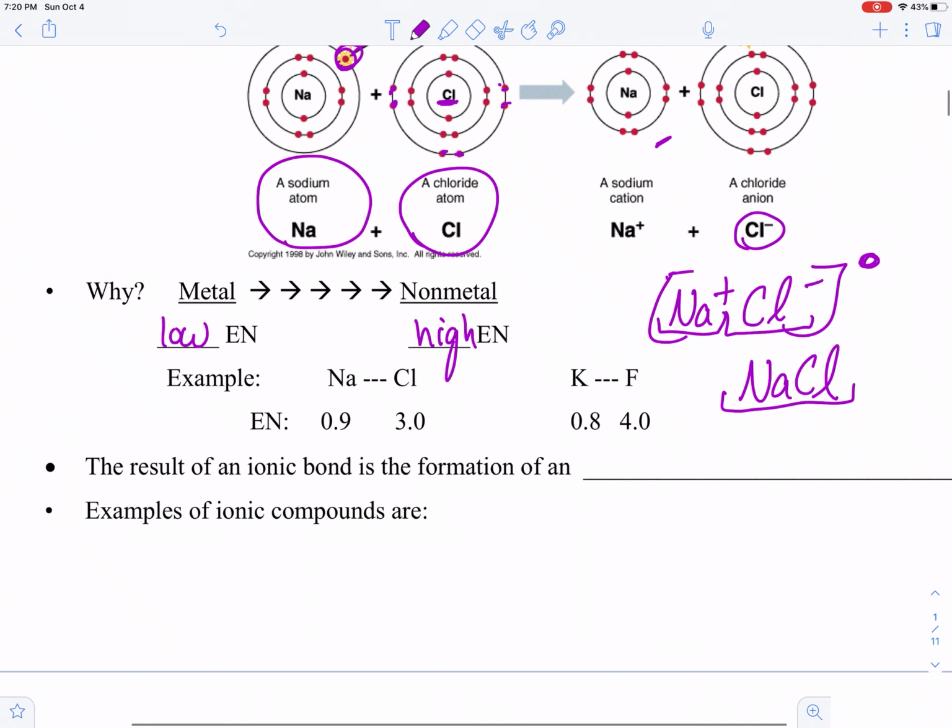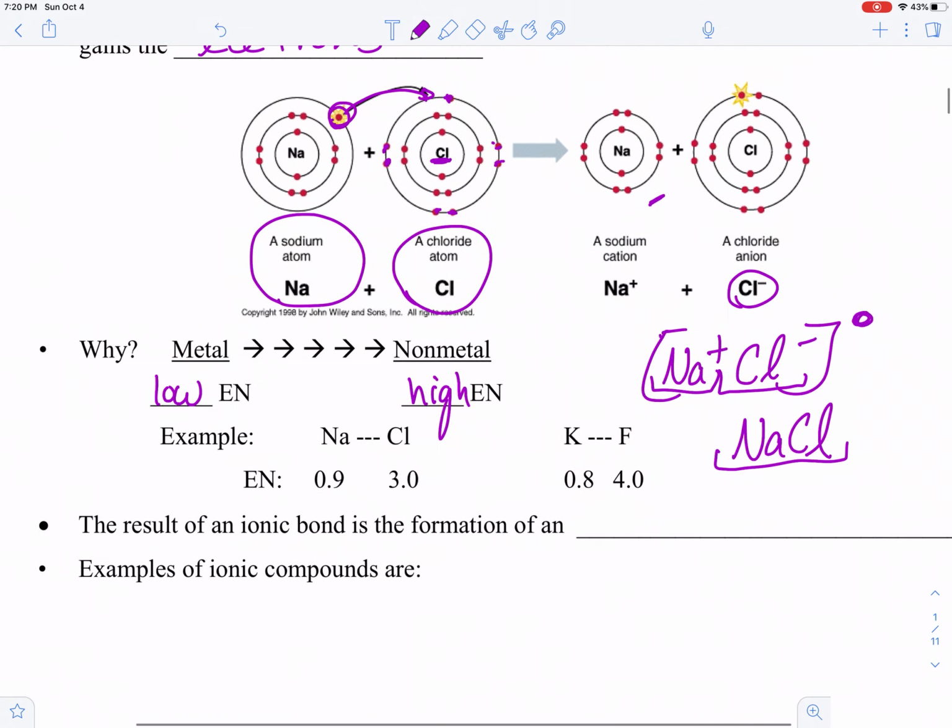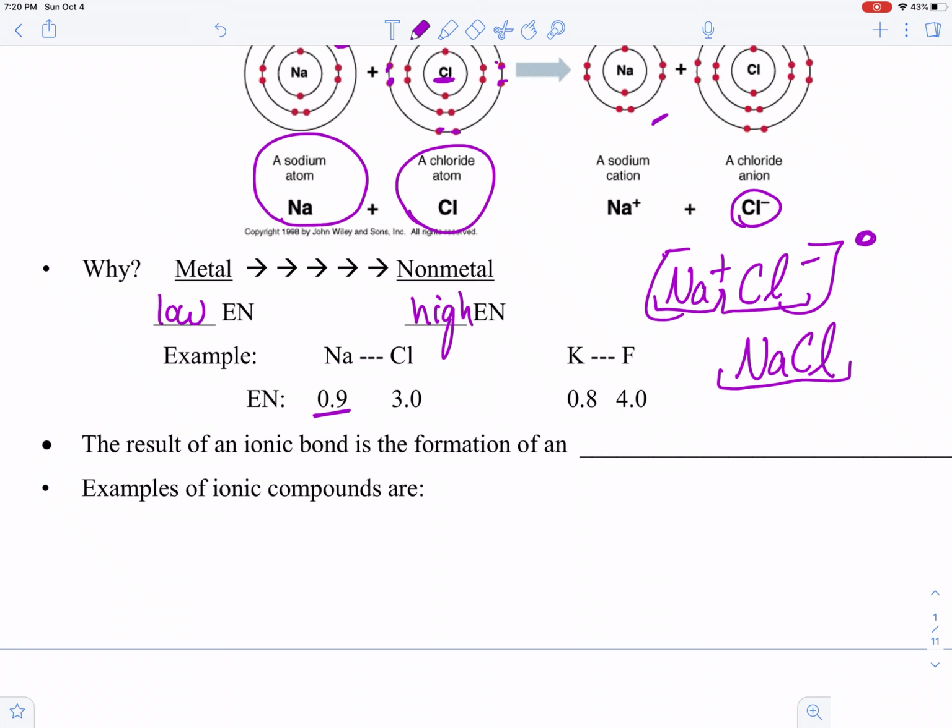So sodium, if you look at the table above, has an electronegativity of about 0.9, no units here. Chlorine has an electronegativity of about 3.0, so chlorine has a much higher electronegativity. When we see a difference that is this great, this will often result in an ionic bond. The result of an ionic bond is the formation of an ionic compound.